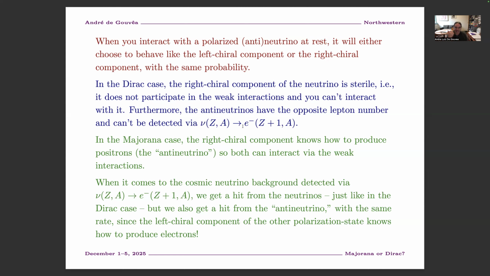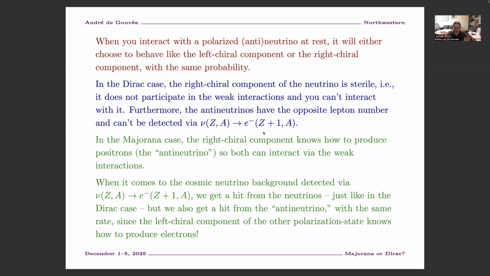Now we can look at the right-handed helicity part of my cosmic neutrino background. The right-handed helicity part is different depending if the neutrinos are Majorana or Dirac. If the neutrinos are Dirac, this right-handed helicity part is the antineutrino, and antineutrinos don't know how to produce electrons.